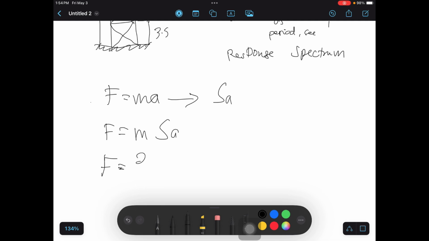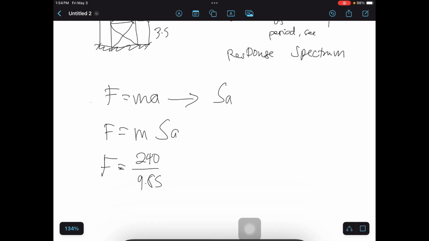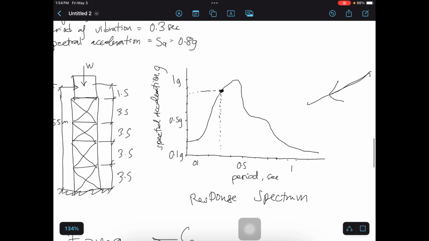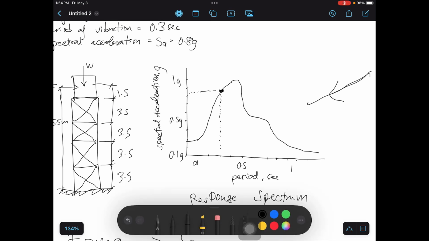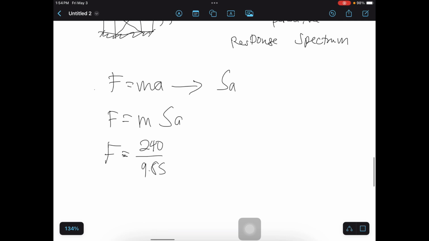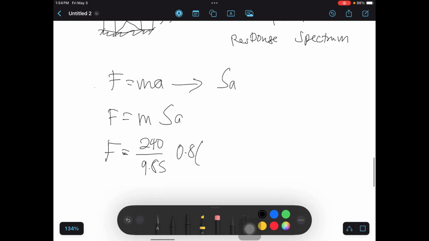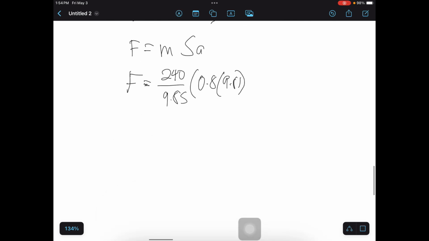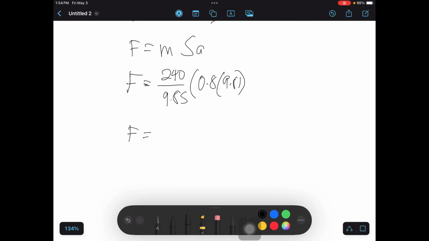So, kailangan natin siyang i-divide sa gravity, which is 9.81. And then, ang corresponding SA natin, per the graph, it's 0.8. So, G is 9.81 ulit. So, the equivalent force or base shear will be 192 kilonewton.